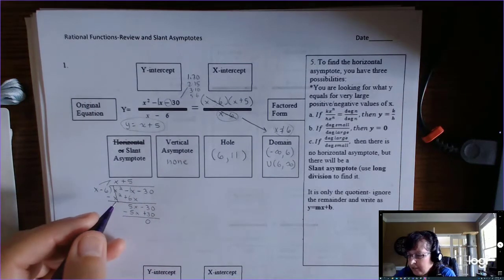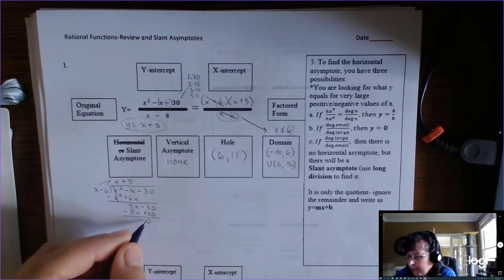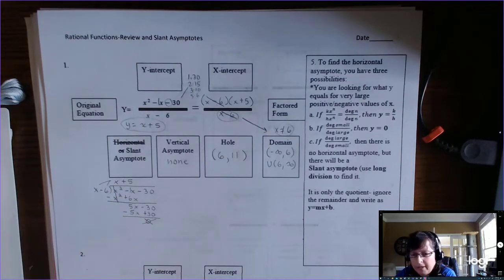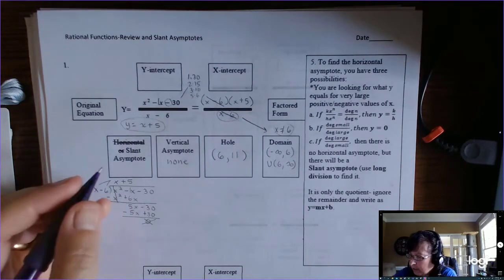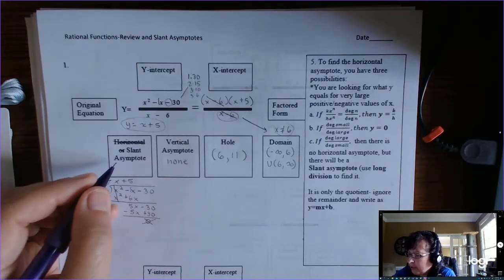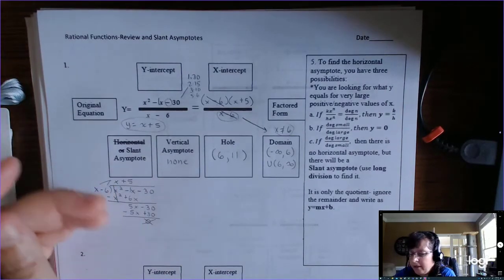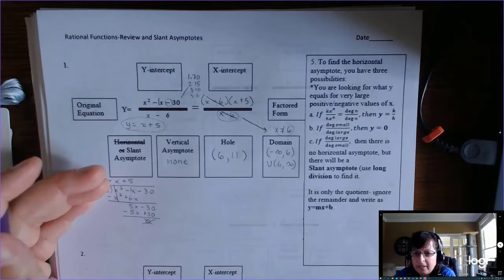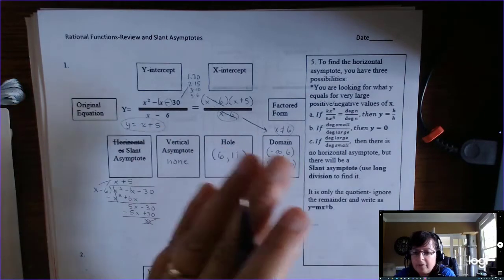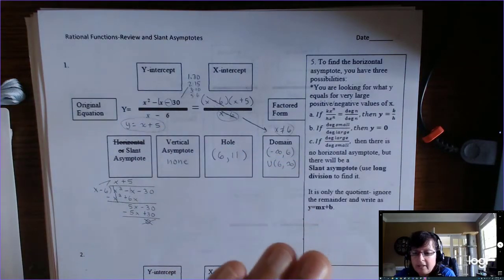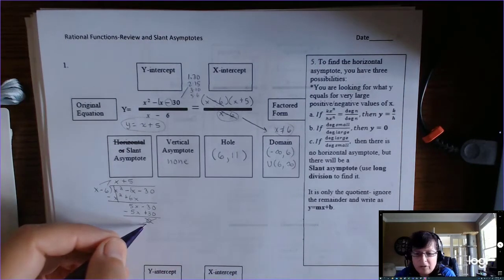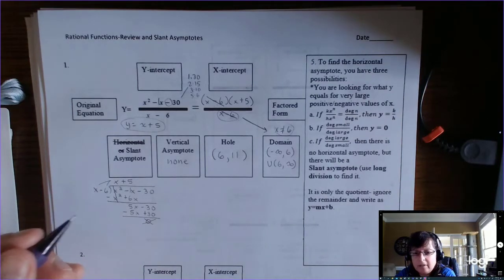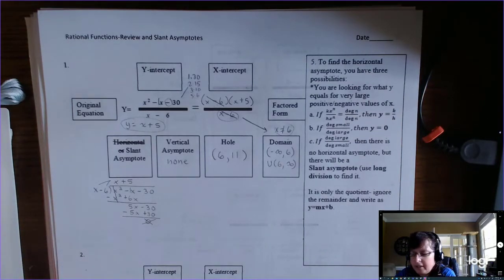For slant asymptotes, you might have a remainder, but we don't ever worry about the remainder because the horizontal and the slant asymptote are talking about as x gets really, really, really big. As x goes to infinity, what's y doing? As x goes to negative infinity, what's y doing? So remainders of small values don't really matter when we're talking about large values of x.